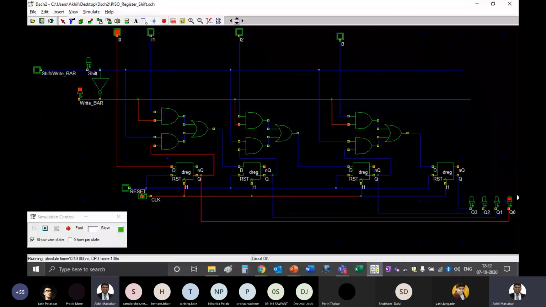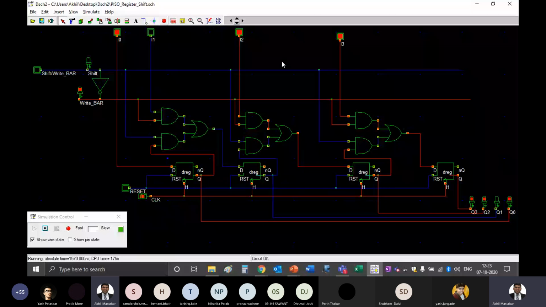I0 is 1 and Q0 is also 1. Similarly, if I make this I3 1, my Q3 also became 1. If I made this 1101, if I read it I3, I2, I1, I0, I will get Q3, Q2, Q1, Q0 also as 1101. So what we are actually seeing is what is written into this particular register, what is written inside.